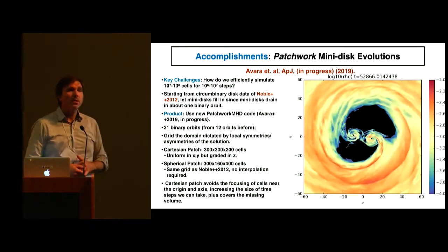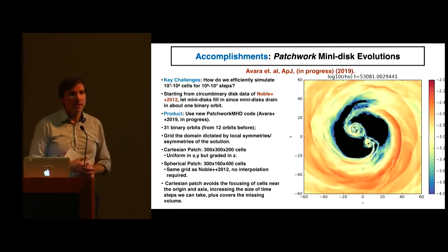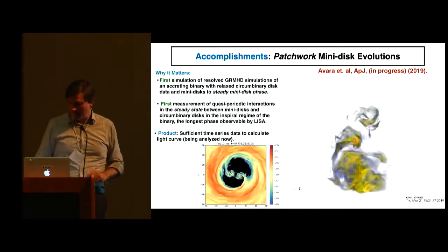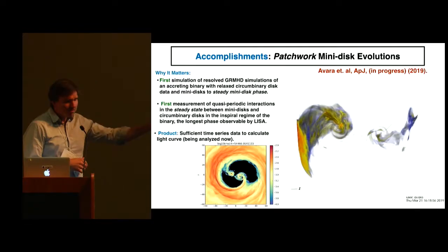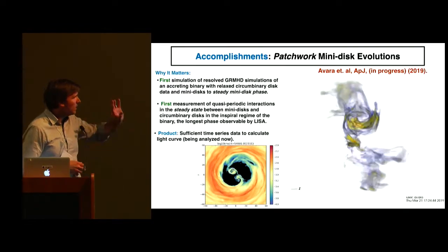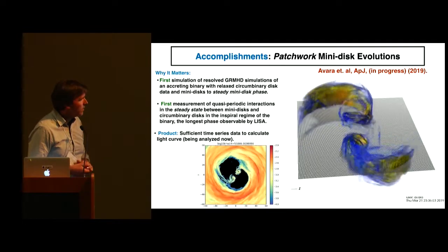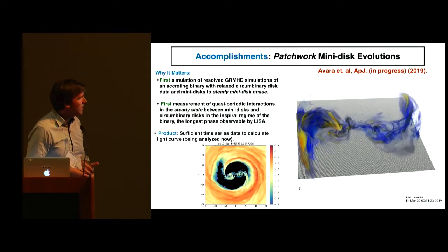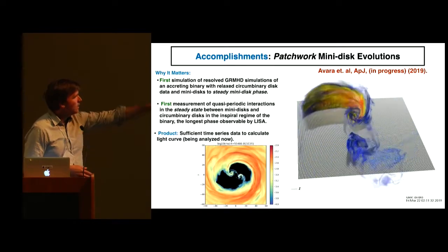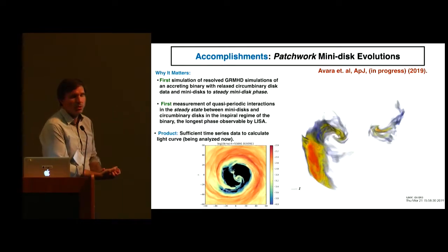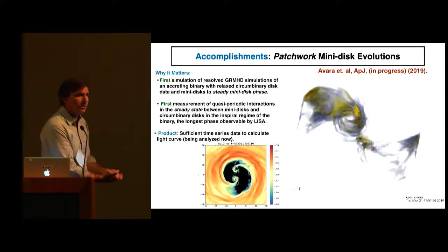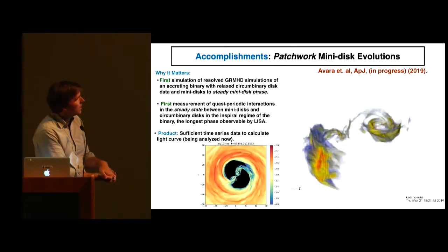So it also allowed us to run for 31 orbits or until pretty much the black holes inspiral completely. And that's another, so this is the longest 3D MHD simulation of binary black holes. And this is a visualization showing the vertical structure of these accretion streams and the mini-disks.